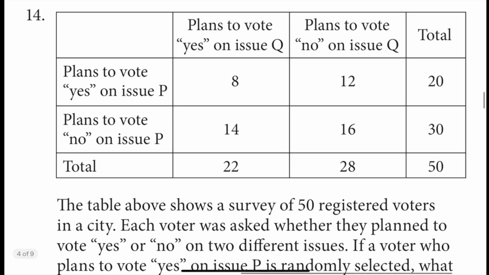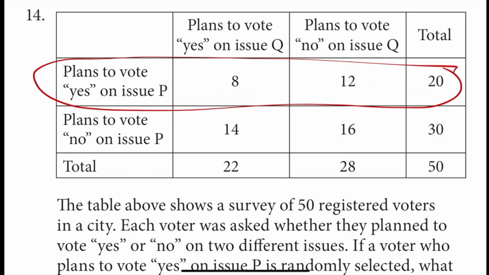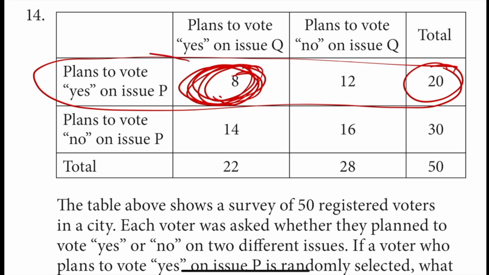So yes on P. How many yes on Q? So out of the 20, 8 would also vote yes on Q. So my probability is 8 out of 20, right? Why 20? Because that's how many people are going to say yes on P. So the probability that they vote yes on P and yes on Q is 8 out of 20.